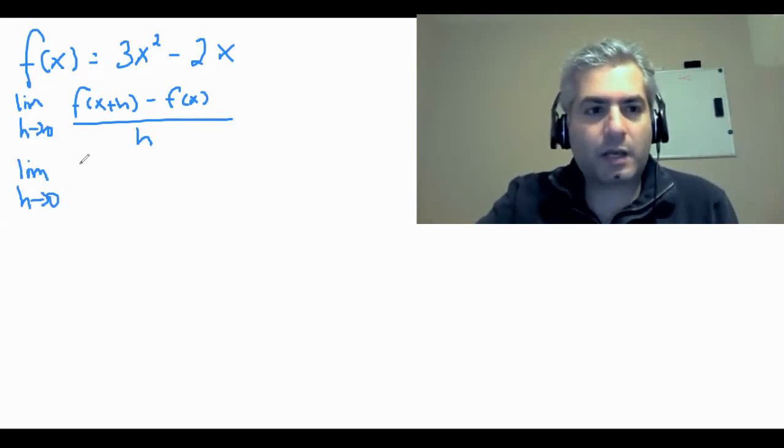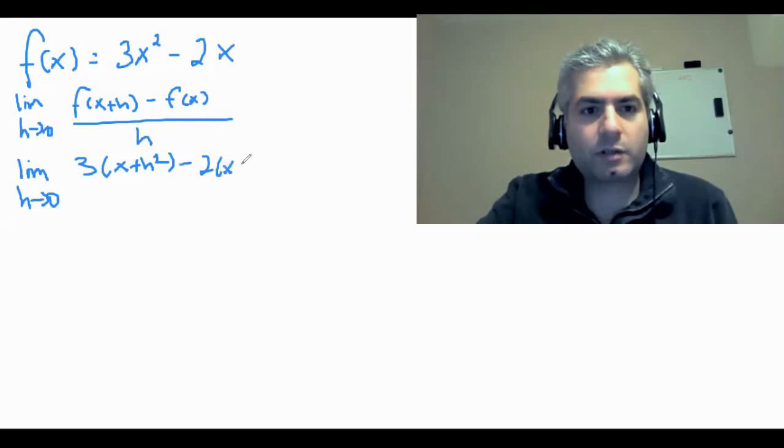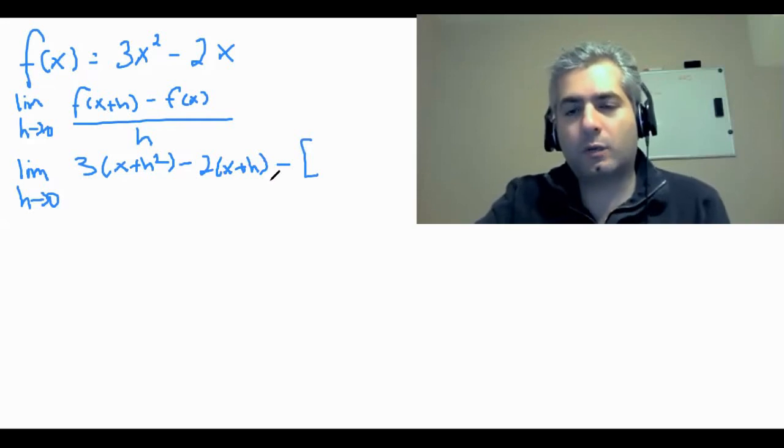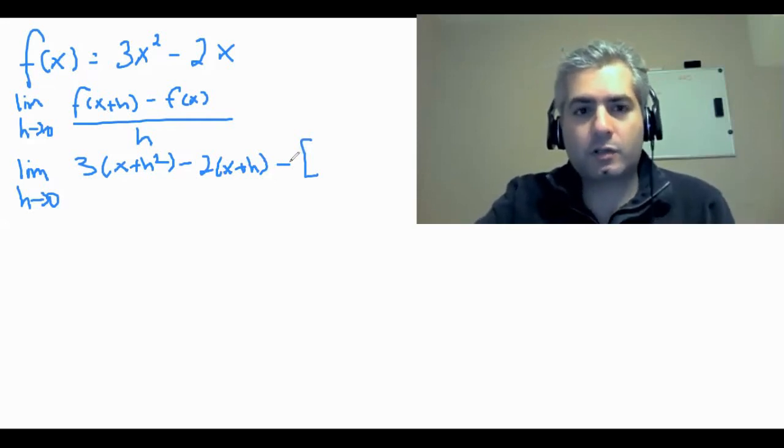So let's apply, 3 times (x plus h) squared, minus 2 times (x plus h), minus, and then here what I do is I open a bracket, or you can open parentheses, because that negative is going to distribute when we sub in f of x. So we know f of x is 3x squared minus 2x. And that's all over h.